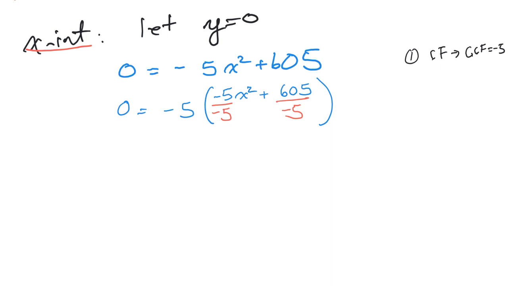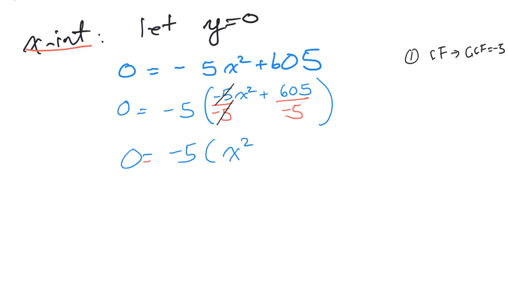Okay, so now you're left with the following. You're left with negative 5 times the bracket, equals 0. And then you have x squared, because negative 5 divided by negative 5 is 1. So the negative goes away.